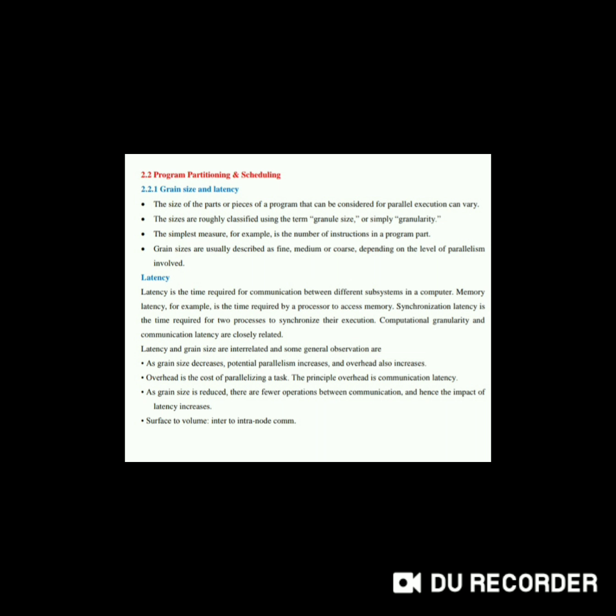Synchronization latency is the time required for two processors to synchronize their execution. Computational granularity and communication latency are closely related.